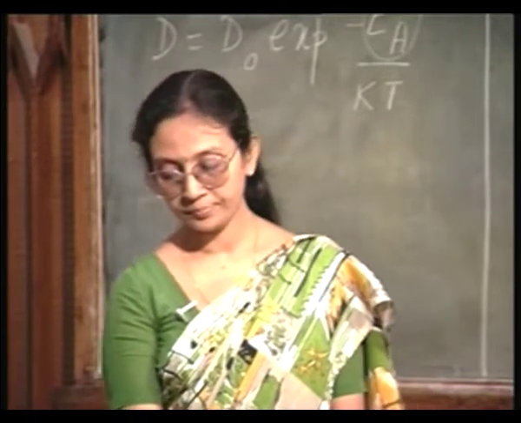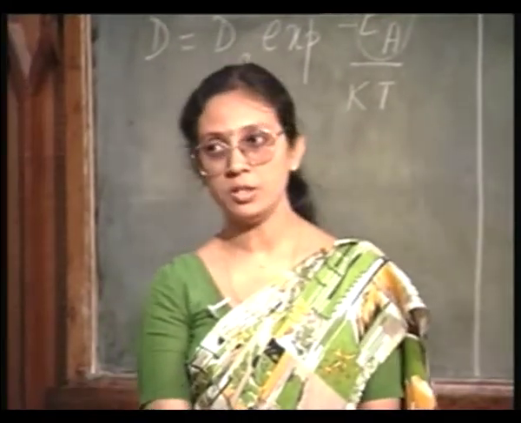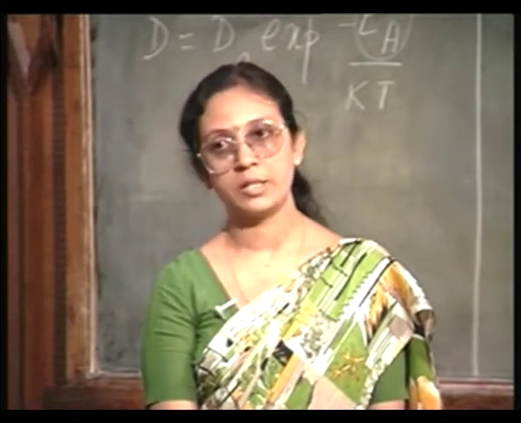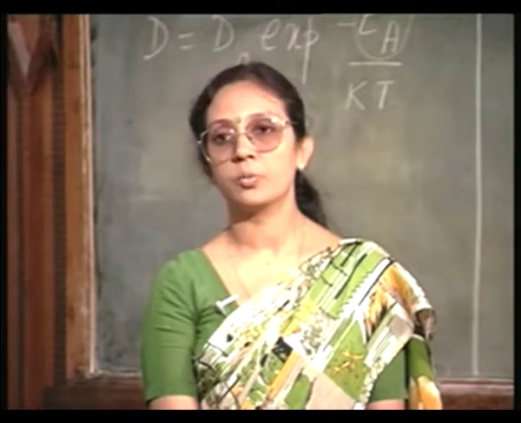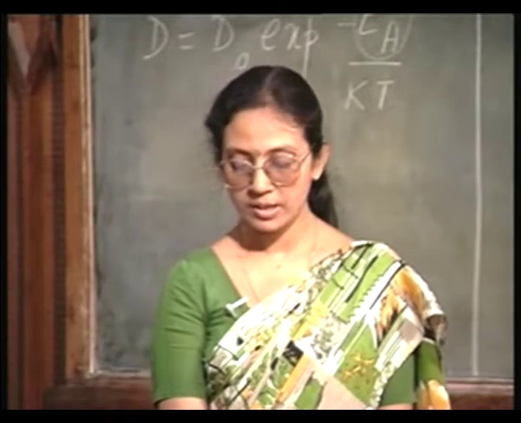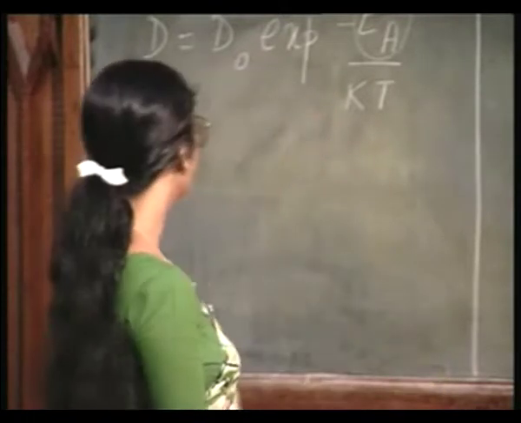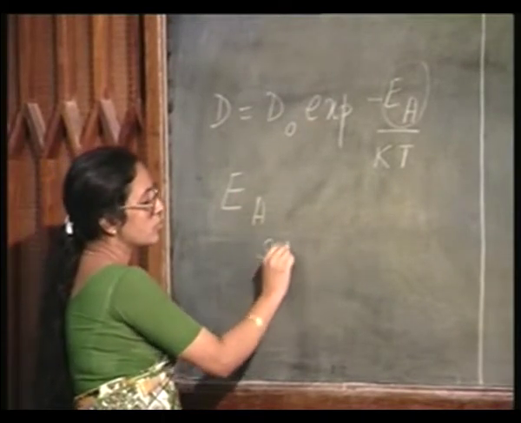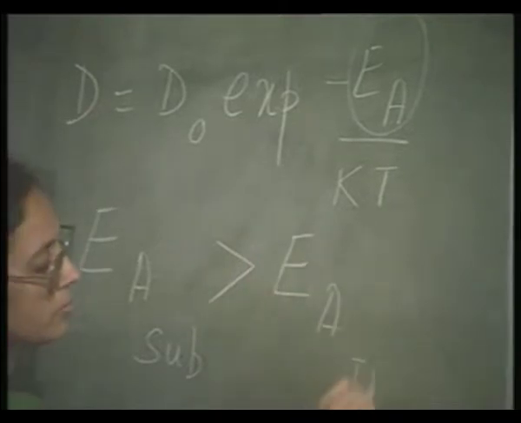For example, if the dopant atom is substitutional, then the activation energy value is 3 to 4 electron volts. Compare it with the interstitial dopant, in which case the activation energy is 0.6 to 1.2 electron volt, much less. Okay. In other words, EA for substitutional is much greater than EA for interstitial.